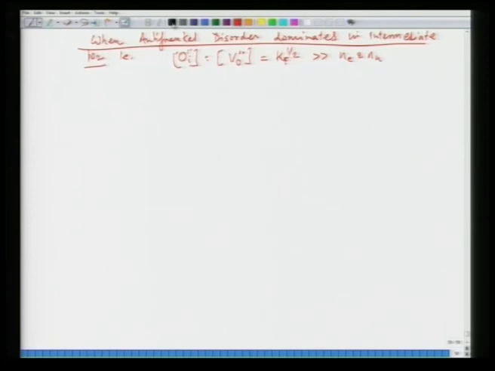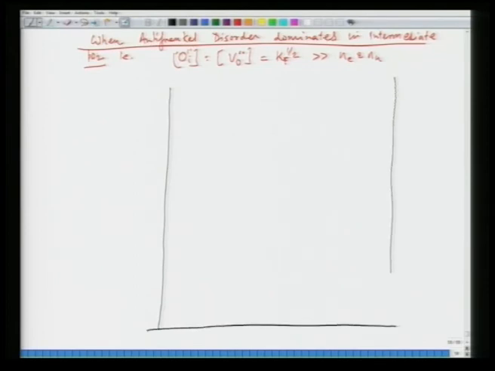So, let us again draw the same plot. This is log of PO2, this is log of concentration, and you again have VO, OI, Ne and NH, and again we have the limiting conditions.